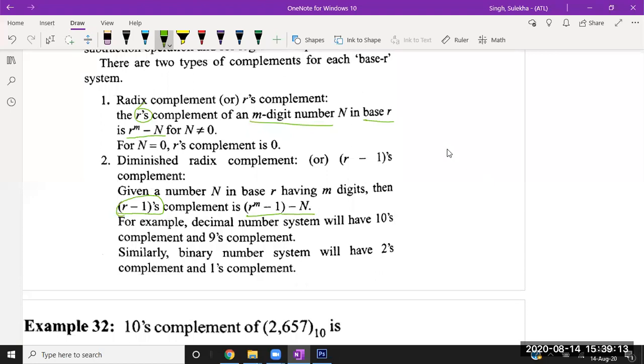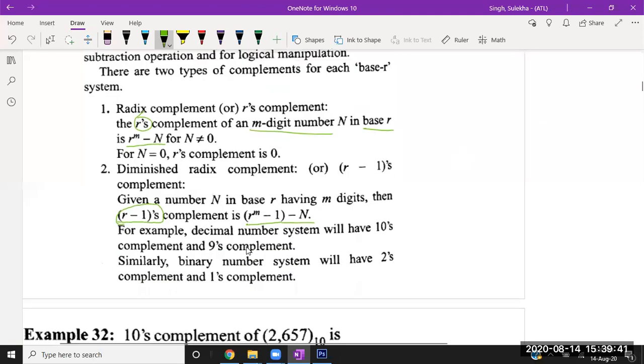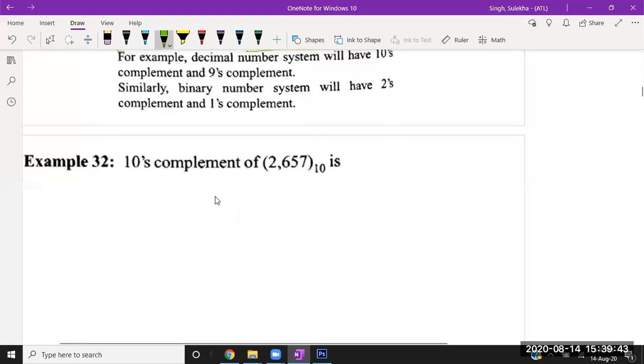If you have base R, you can write R's complement and R minus 1 complement. If you have base 10, you can write 10's complement and 9's complement, because 10 minus 1 is 9. If you have base 8, you can write 8's complement or 7's complement. If you have base 2, you can write 2's complement or 1's complement. In this way, you can calculate complement with this formula.